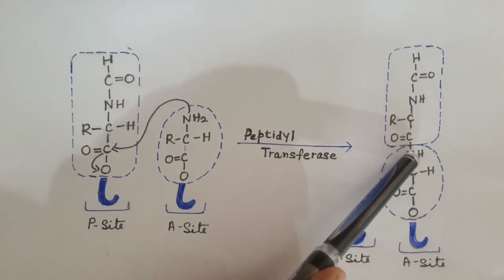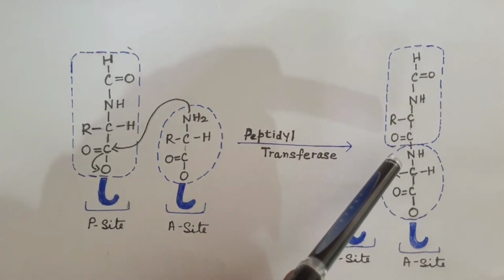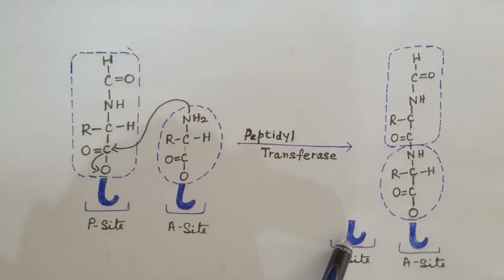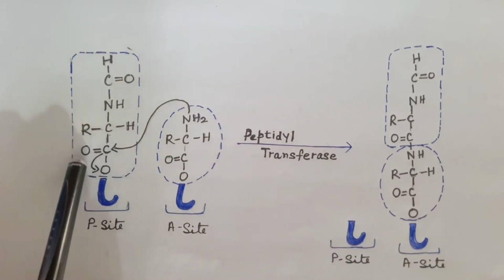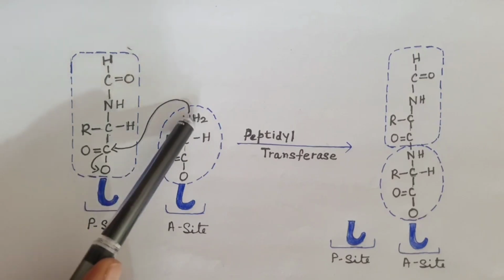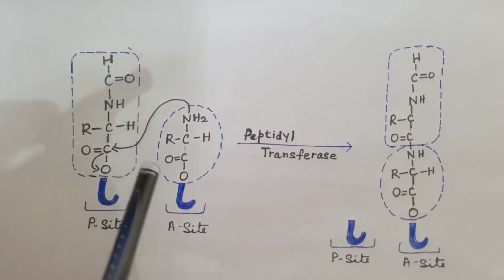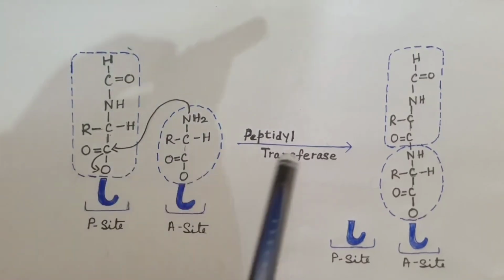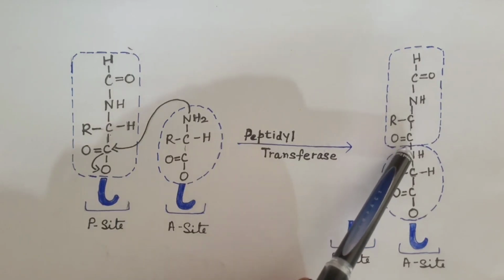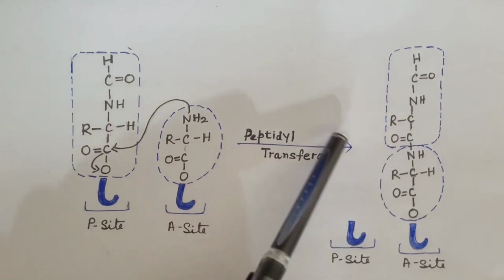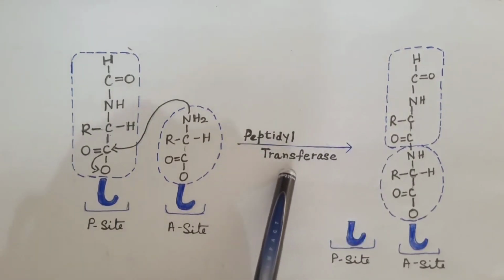This is the peptide bond, and it releases the deacylated transfer RNA, that is, deacylated transfer RNA is left at the P site. Peptide bond formation involves an acyl group O to N migration, and it converts an ester bond into an amide bond. And this reaction is catalyzed by the peptidyl transferase enzyme.